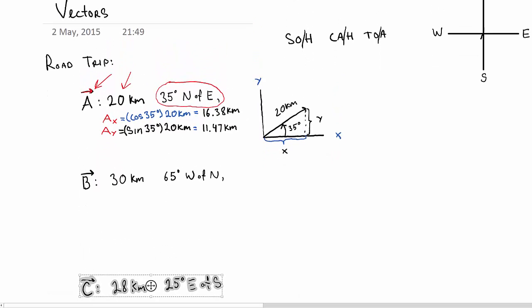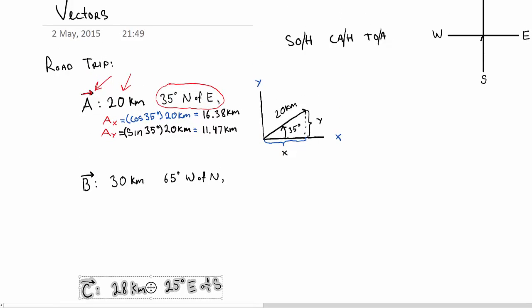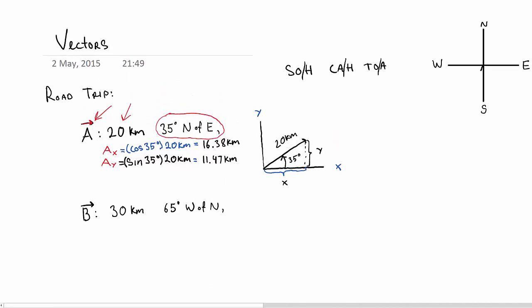Let's do B. That is west of north, so it is going west of north, and it's going this way. This is x, this is negative x, this is our y. So it's going west of north. That means the angle is going this way, and that's 65 degrees.